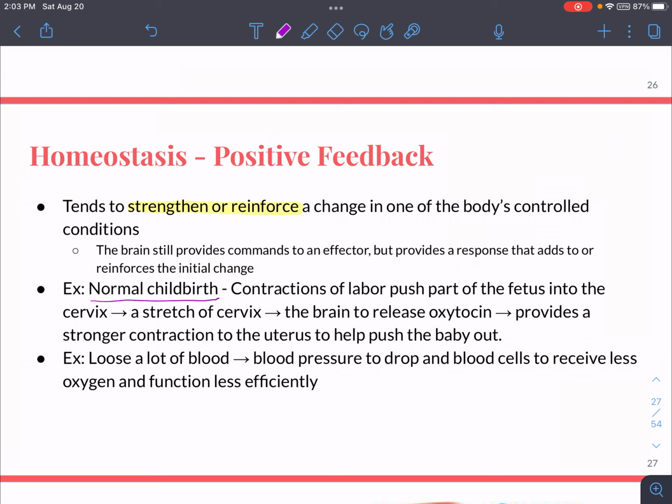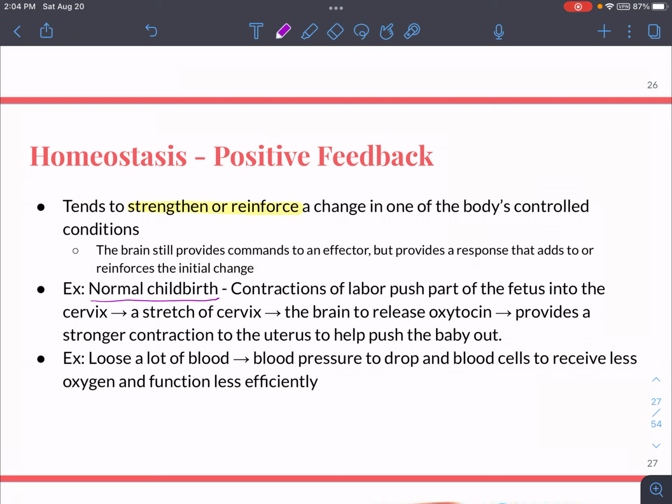So if you lose like 2 liters of blood, because if you go donate blood, they usually take about a liter out, but if you lose 2 liters of blood, your blood pressure drops dramatically. Your blood cells start receiving less oxygen, which means all the cells in your body start receiving less oxygen. So your whole cardiovascular system kind of depresses and slows down.